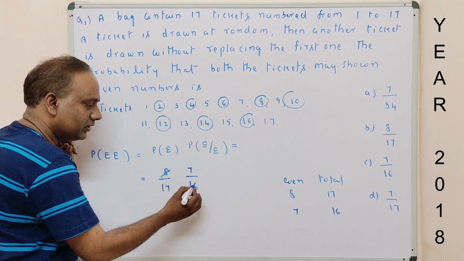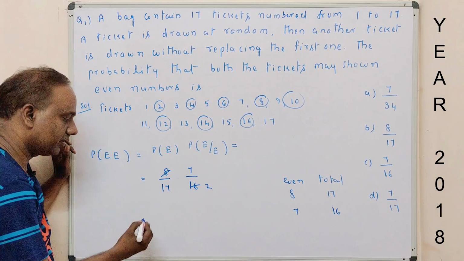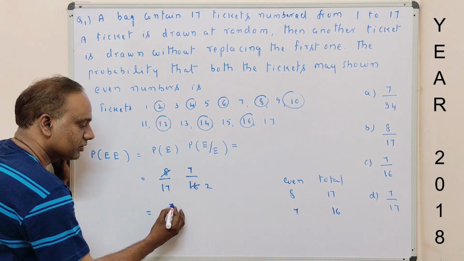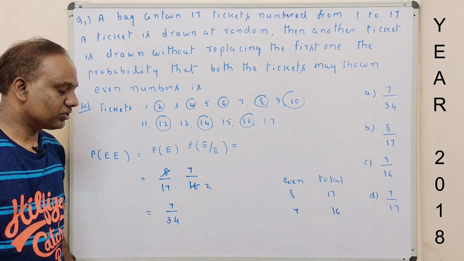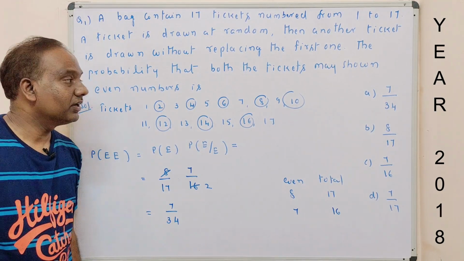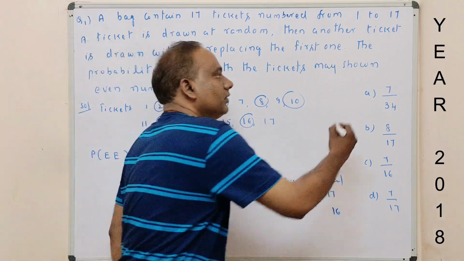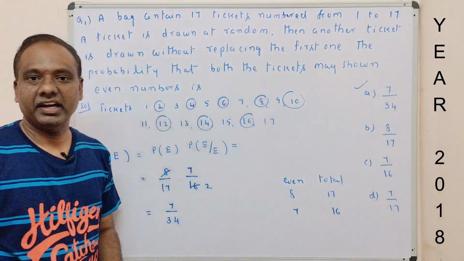So 8 ones are 8, 8 twos are 16. So 7 by 17 into 2, 7 by 34. Here option A is the correct answer.